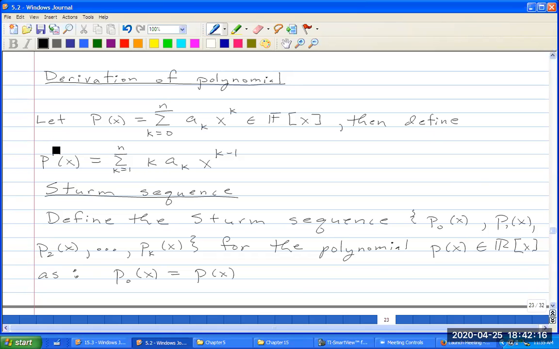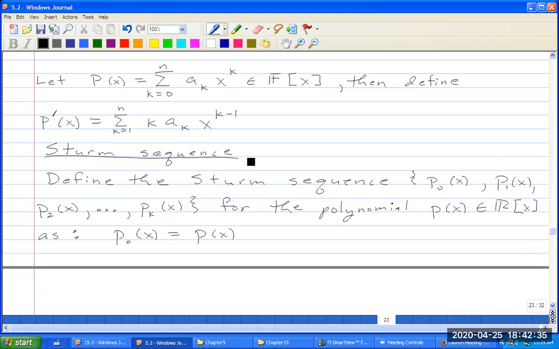Then define p prime, the derivation of p, as the sum from k equaling 1 to n of k times a sub k x to the k minus 1.